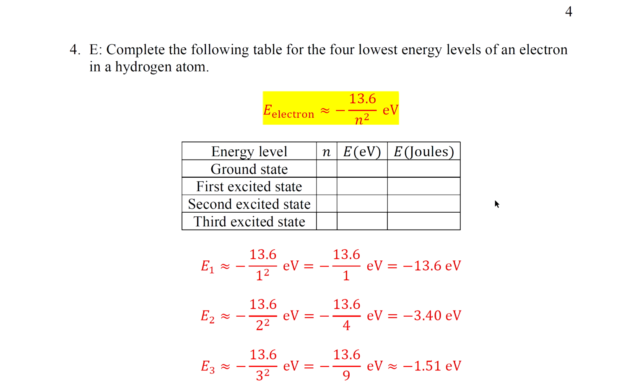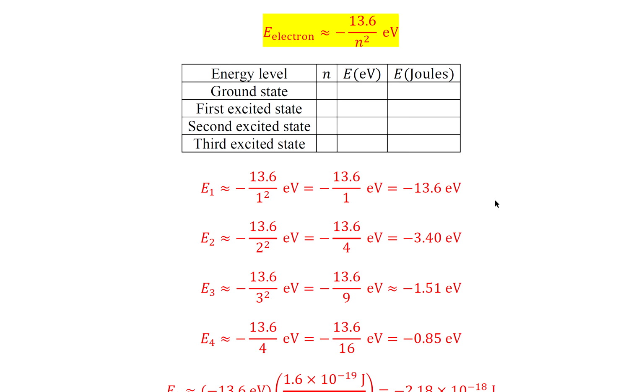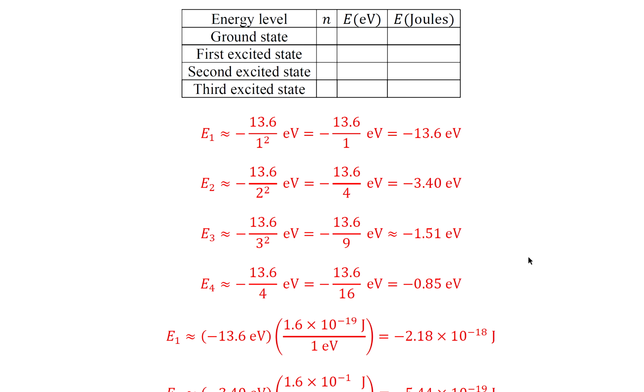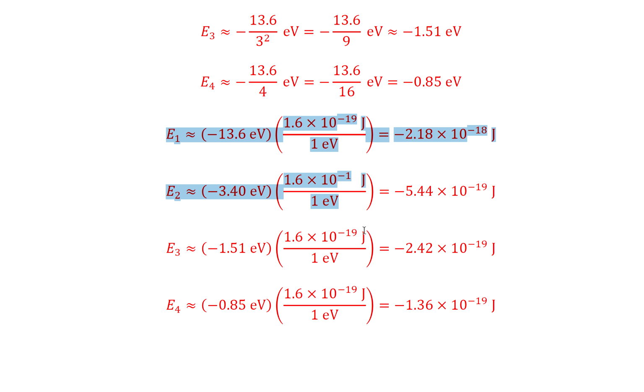Question 4. Complete the following table for the 4 lowest energy levels of an electron in a hydrogen atom. We have this table, and we've got to fill it out. For electron volts, we're just going to let n equal 1, 2, 3, and 4. And then for the energy in joules, we have to convert from electron volts to joules.